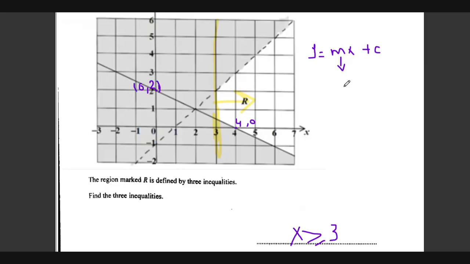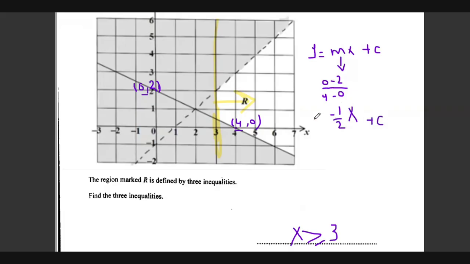So the slope will be 0 minus 2 over 4 minus 0, which equals negative half. So negative half x plus c.